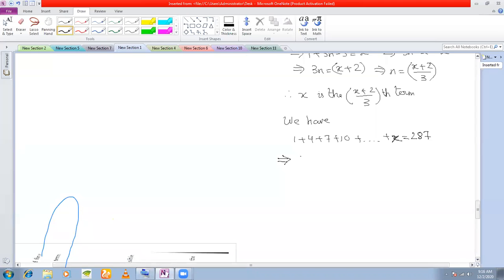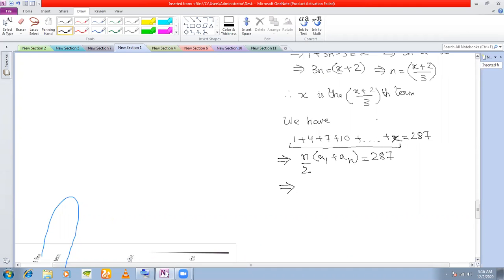What is the sum here? You know the last term is also x, so we use the formula for the last term. Which formula do we use? n by 2 into a1 plus an must be equal to 287. On the left hand side, this is the sum.